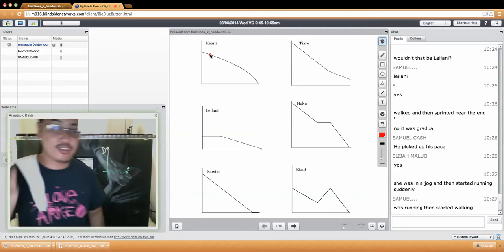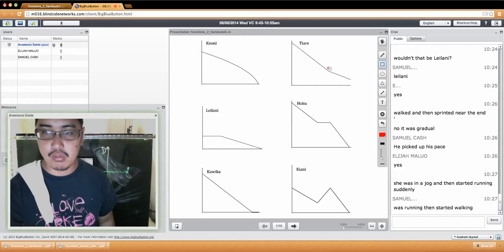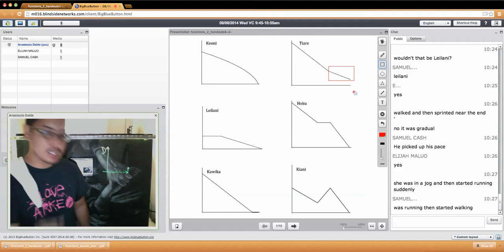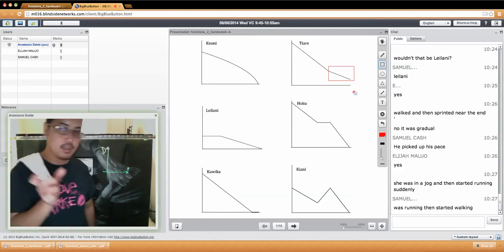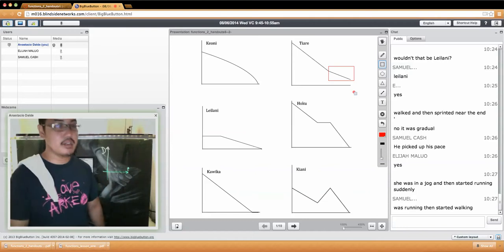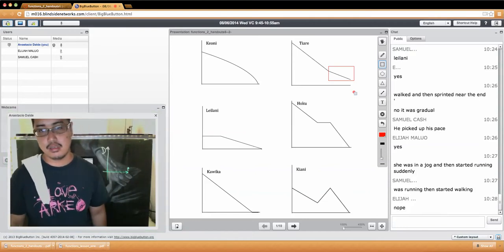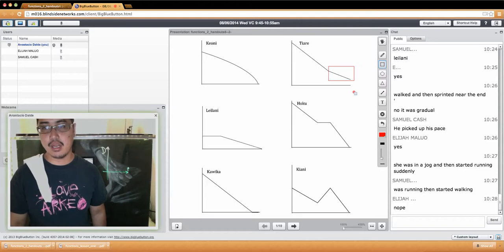The slope for the second half of her journey is shallower than the slope for the first half. Because it's a shallower slope, that means she covered less distance over time. Now, was that a good idea for Tiare to do? Why? Why not?